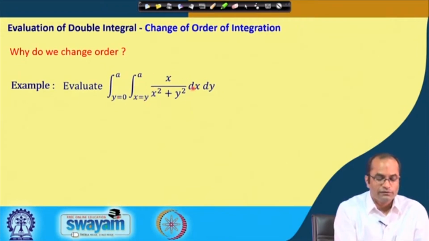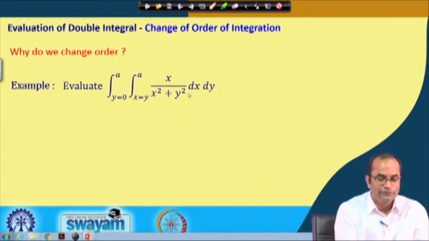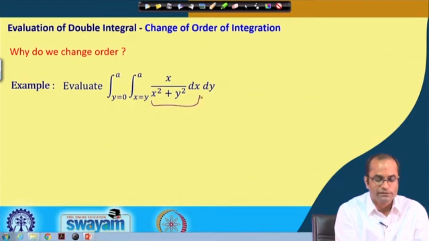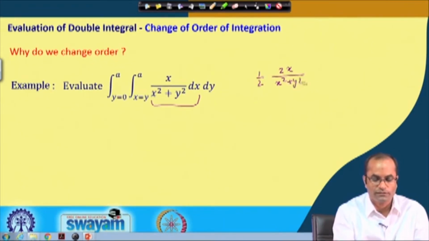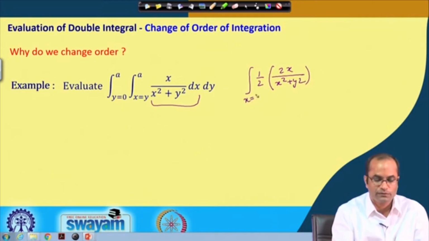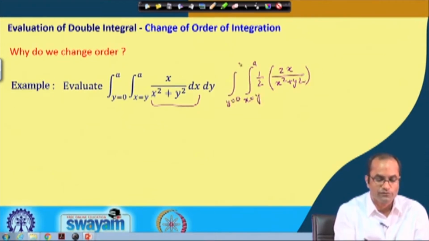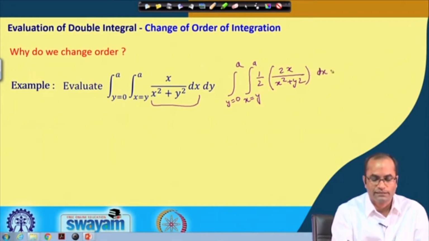The question now is, if we integrate here with respect to x first in the given order, then what will happen? We should consider 1/2 in front, and then we have 2x over x squared plus y squared as our integrand, and then we have the integral with respect to x from y to a and with respect to y from 0 to a, with dx dy.